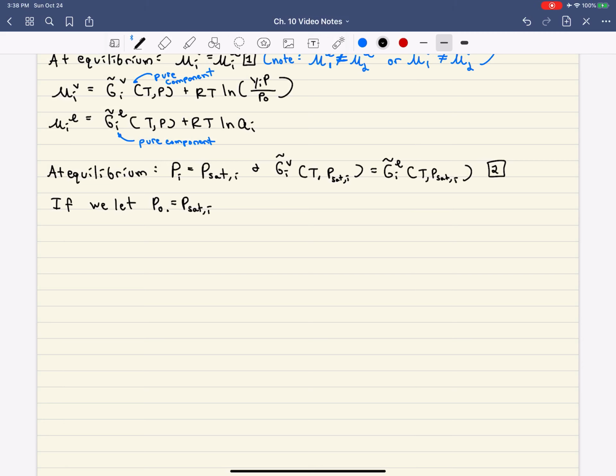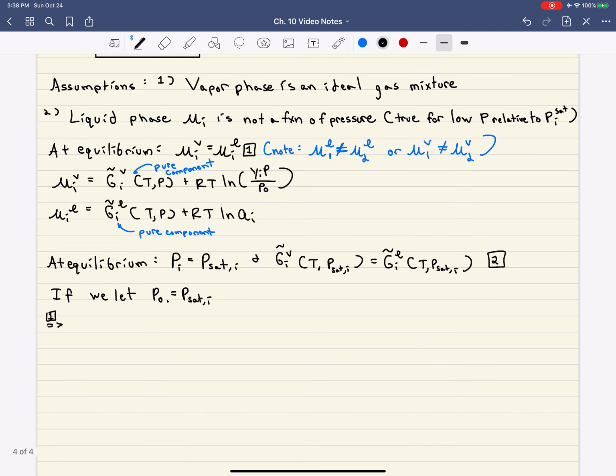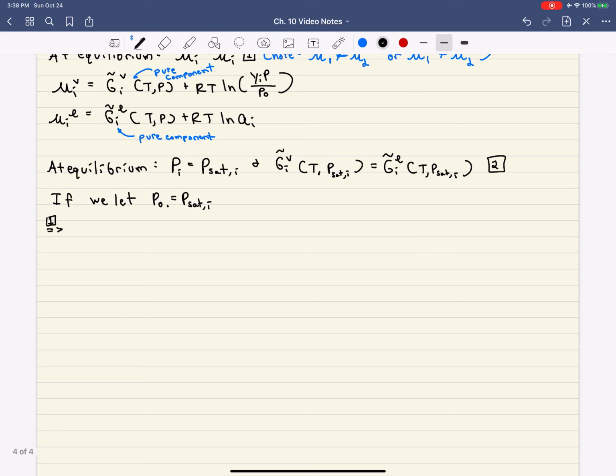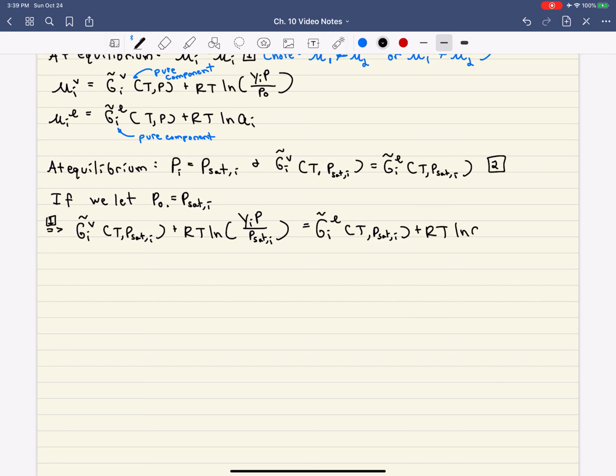Okay? All right, and so if I apply all those things, so if we go back to equation 1, we know that the chemical potentials of both the vapor and the liquid phase for a species are equal to one another. So we have Gi V T P sat I plus RT ln Yi P over P sat I is equal to Gi L T P sat I plus RT ln of AI.